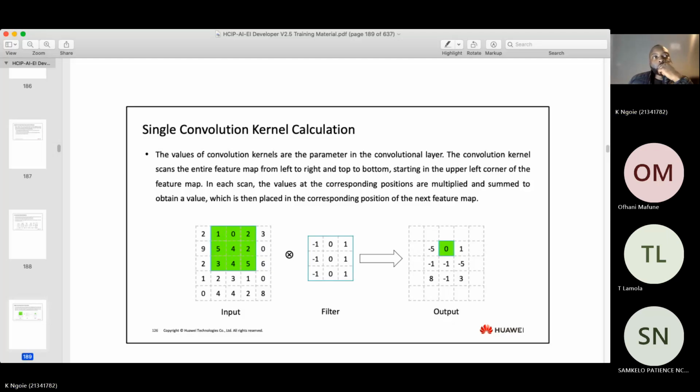Anyone? It's a 5x5. Yeah, this is a 5x5.